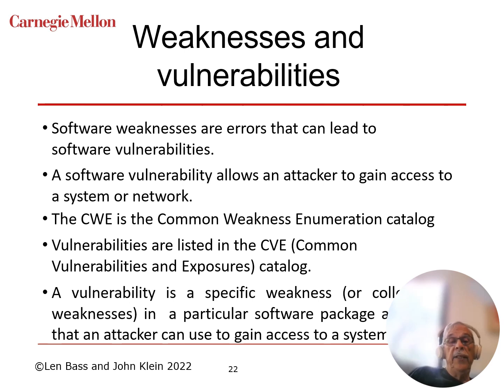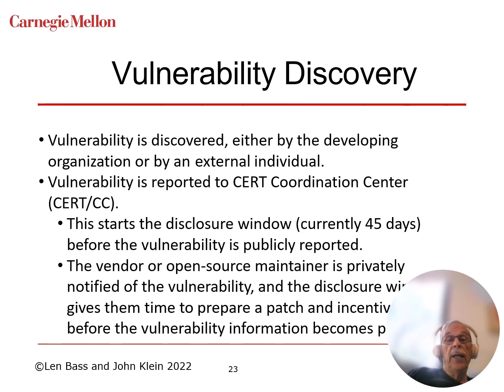The CVE is the Common Vulnerabilities and Exposures database, and we'll talk about the process of vulnerabilities in the next slide. Somebody discovers a vulnerability. That could be the organization that built the software, or it could be some external individual. Assuming that they are a good citizen, they report that to the CERT Coordination Center.